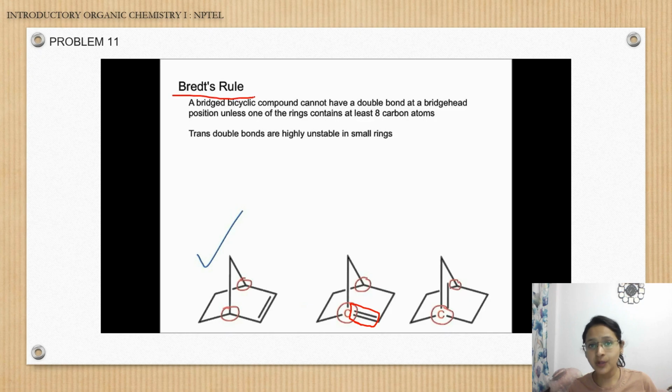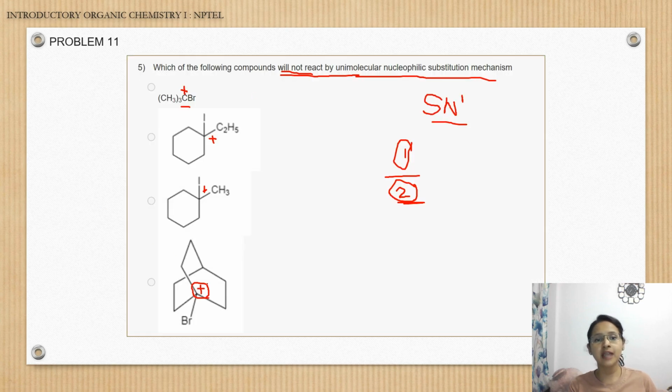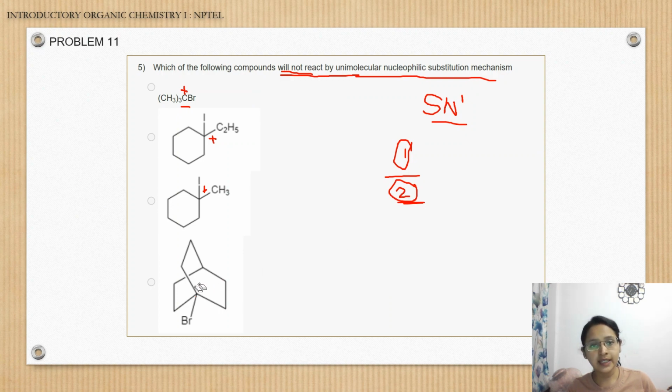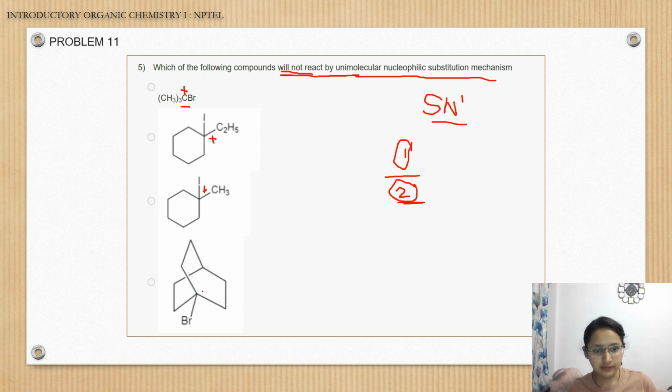So this is a very important rule in the case of bicyclic bridge systems. Whenever you have a bridge system in hand and there is a possibility of an elimination reaction, you will have a double bond at this position, a double bond at this position. It is not allowed because at the bridgehead, the double bond and also the positive charge, the carbocation, is least stable.